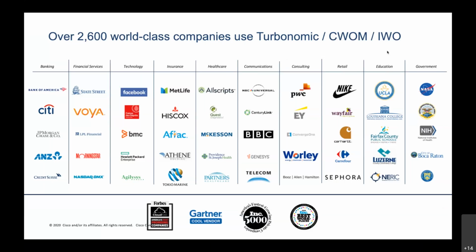And if you don't want to take my word for it, there's over 2,600 companies out there already using a flavor of Turbonomics, either Turbonomics by itself, or Cisco-branded Turbonomics CVOM, or the SaaS version that we recently announced, IWO. And there's a lot of important names in here. So that being said, I'm going to start showing you Intersight and then go into IWO.